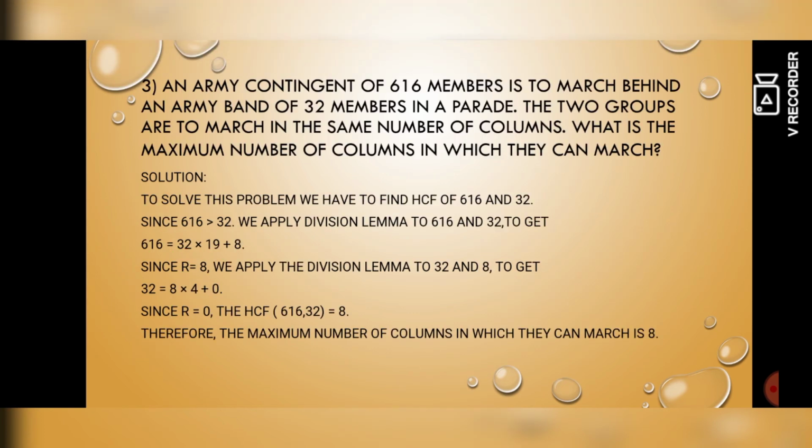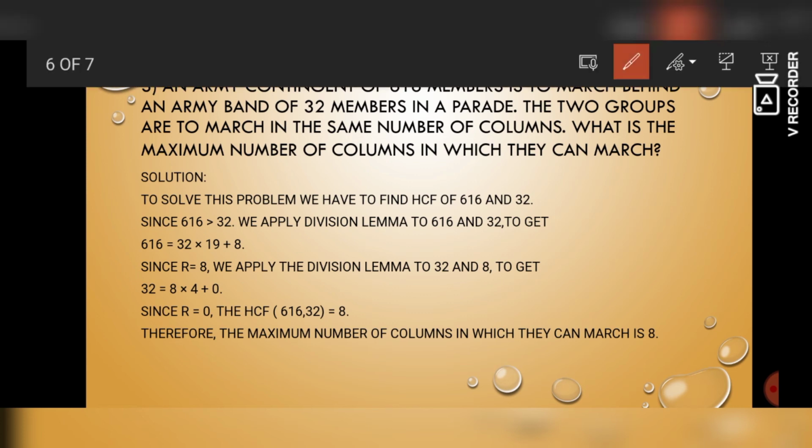Now the last sum of today's tutorial is sum number 3. Here the sum says an army contingent of 616 members is to march behind an army band of 32 members in a parade. So there are two groups. 616 is the army contingent and 32 is the army band.